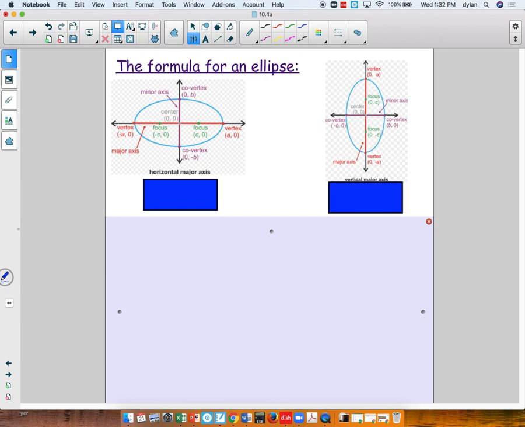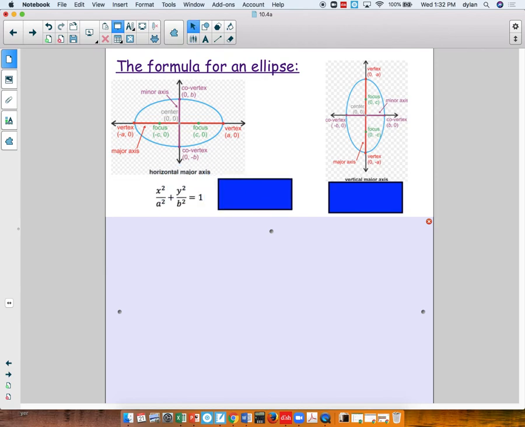So we've got an equation for each of these. For a horizontal ellipse, our equation is x squared over a squared plus y squared over b squared equals 1. And the important thing here is that by definition, a is greater than b.